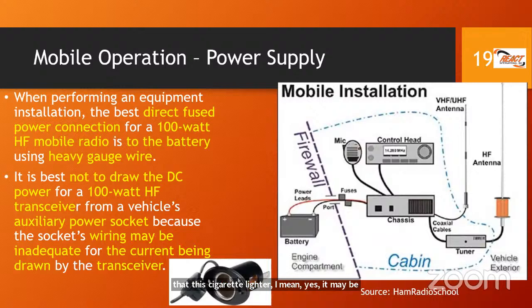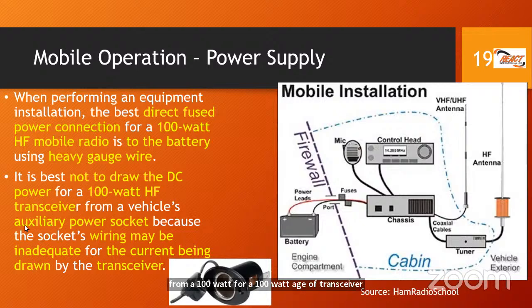But this is unlikely to be sufficient to sustain amateur radio use, especially if you have a 100 watt piece of equipment, right? So that's bullet point number 2. They are advising against using this. It is best not to draw the DC power for a 100 watt HF transceiver, that's your radio, from a vehicle's auxiliary power socket.